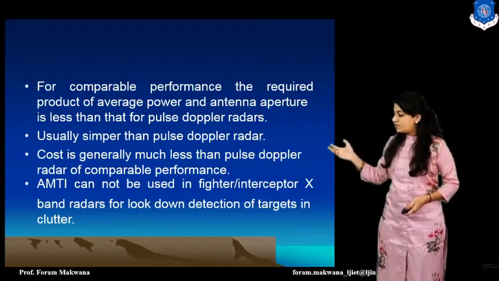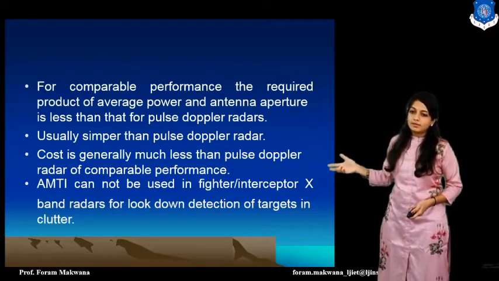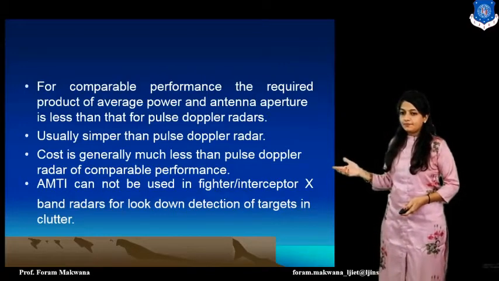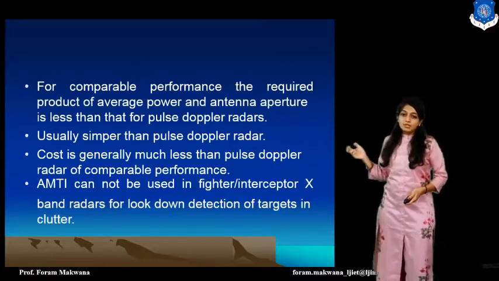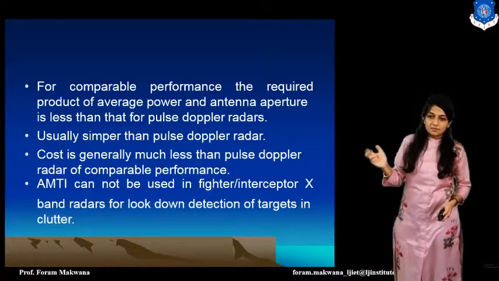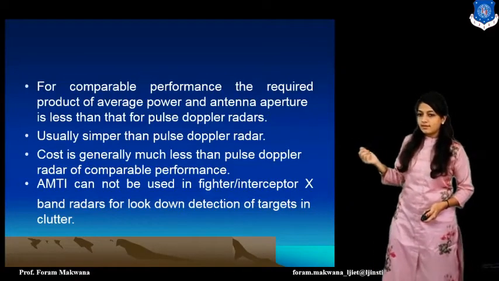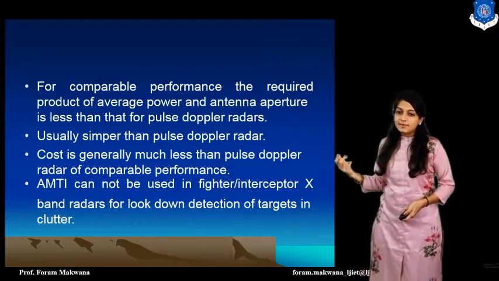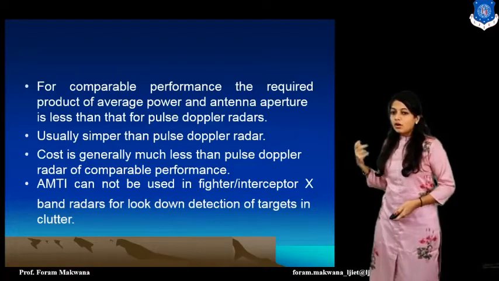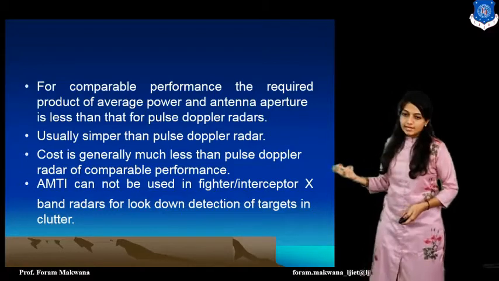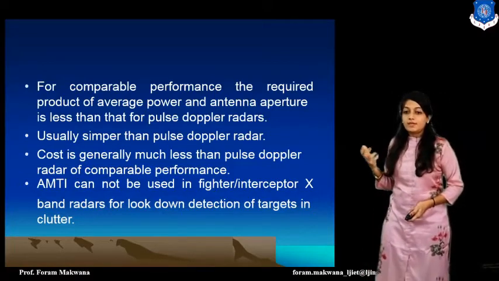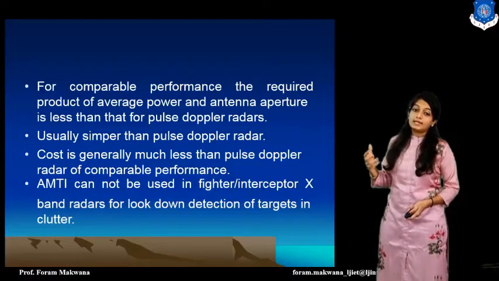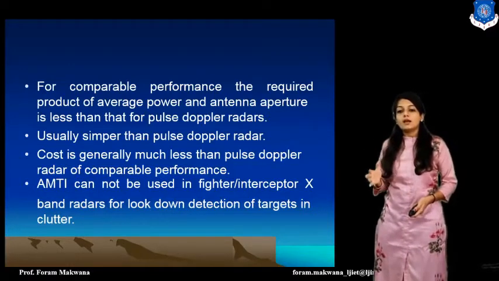Cost is generally less than the pulse Doppler radar. And the last, the airborne AMTI can be used in an interceptor, or we can say X-band radar, for look down detection of targets in clutter. That means with the help of airborne AMTI radar, we are able to detect the target in clutter as well.